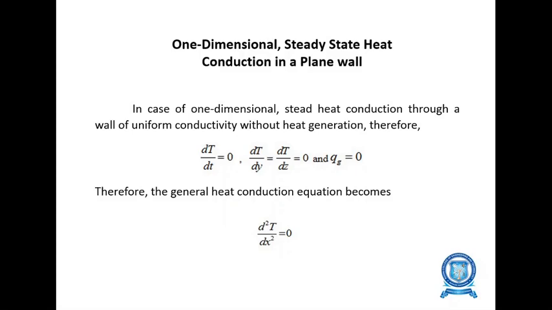In the case of one-dimensional and steady-state heat conduction through a plane wall of uniform conductivity without heat generation, the q value is also 0. Steady state means the time-dependent term, dT by dt, becomes 0. Therefore, the general heat conduction equation becomes d square T by dx square equal to 0.